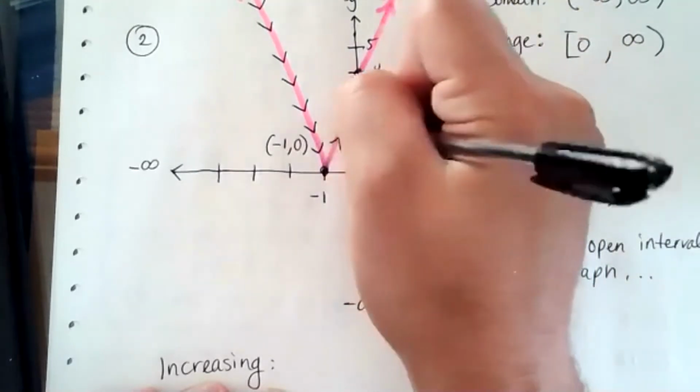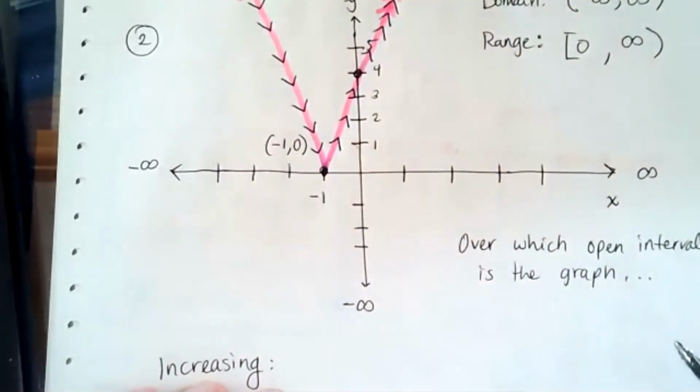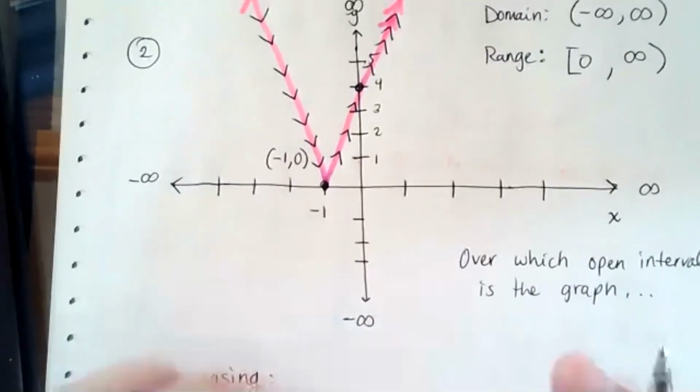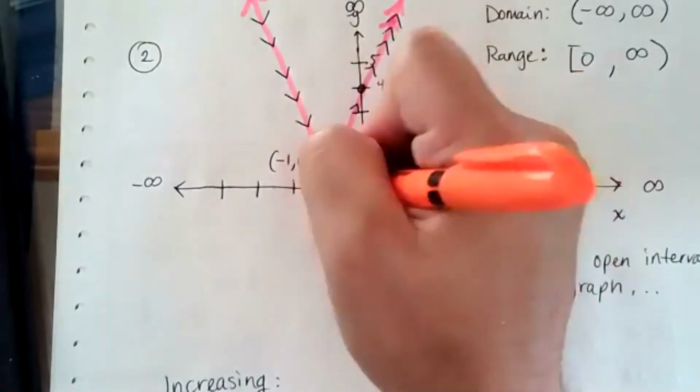So then we're going up, up, up, and so on. Okay. So it looks like the graph has 2 behaviors.